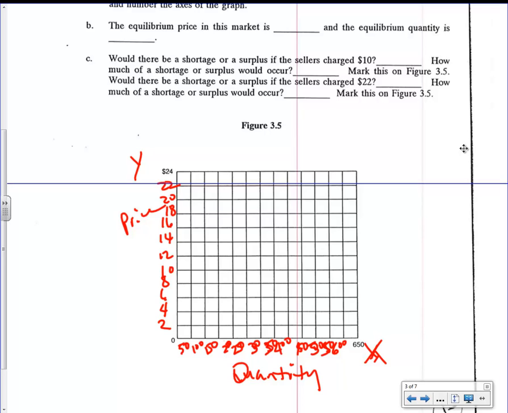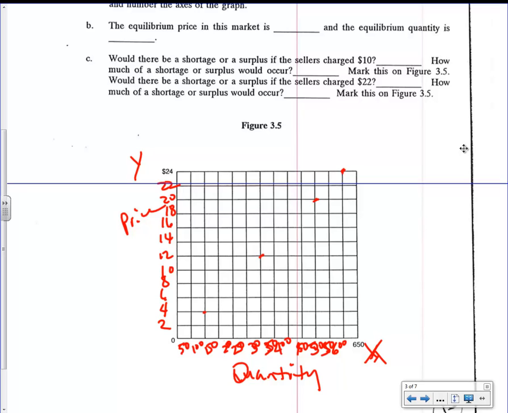When the price is 12, the quantity is 300. And when the price is 20, we have 500. And when the price is 24, we have 600.